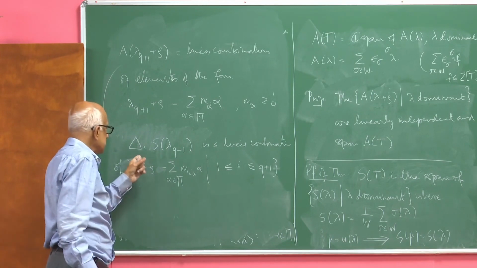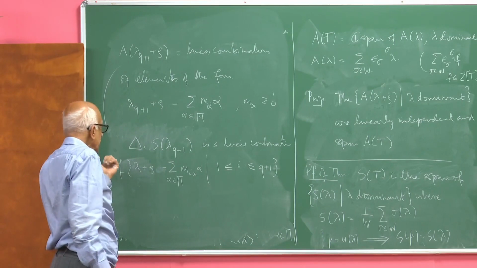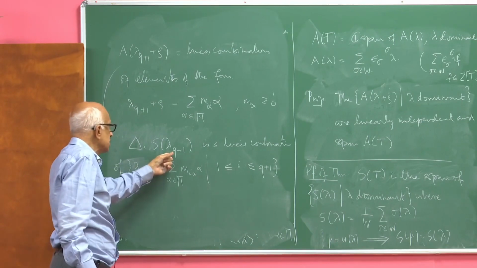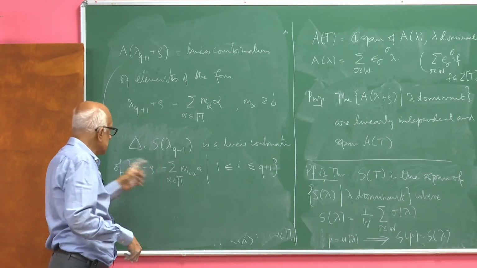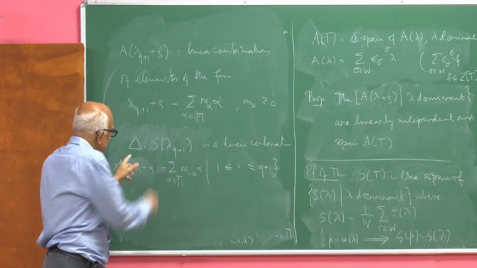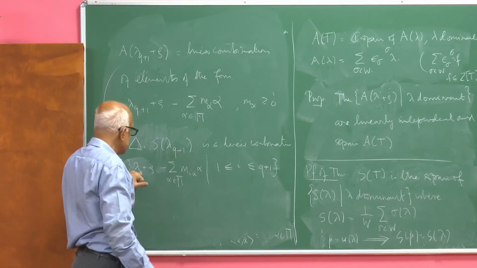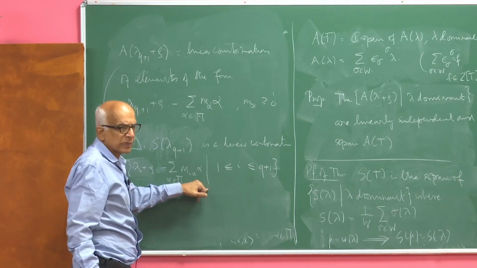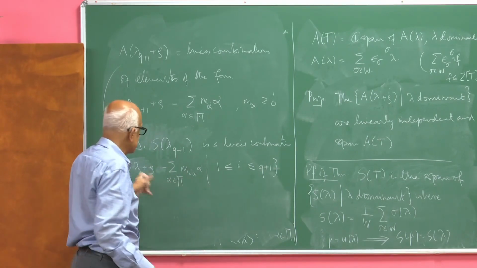Because see here you start off with rho and various Weyl group transforms, and here you are using lambda q plus 1 and various Weyl group transforms. So when you do that, you may get some dominant weights, but whatever dominant weights you get, they will be of this form, and they are Weyl group elements.